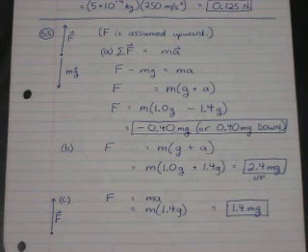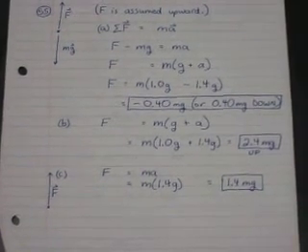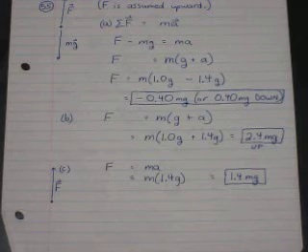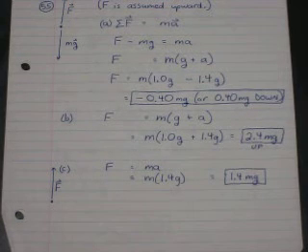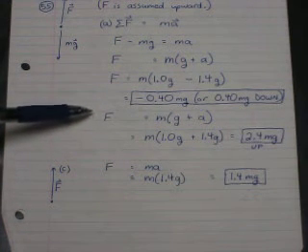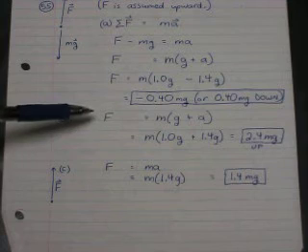Question C, we could use the same formula that we did in A and B. We could use this formula right here and just call g 0, and that would lead us to F equals ma.